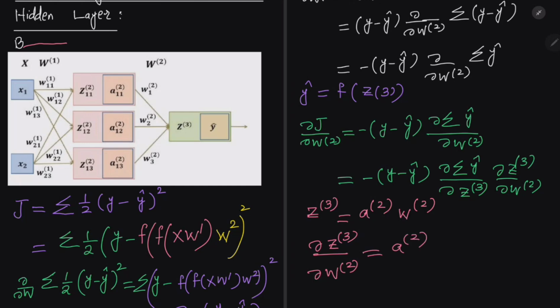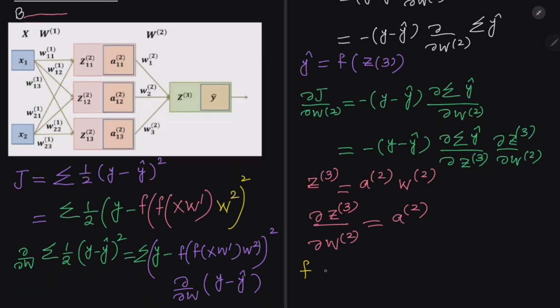Now, since we have an activation function over here, f activation function, we talk about the sigmoid function, f of z3, that is y hat, that will be equal to 1 over 1 plus e raised to power minus z3.